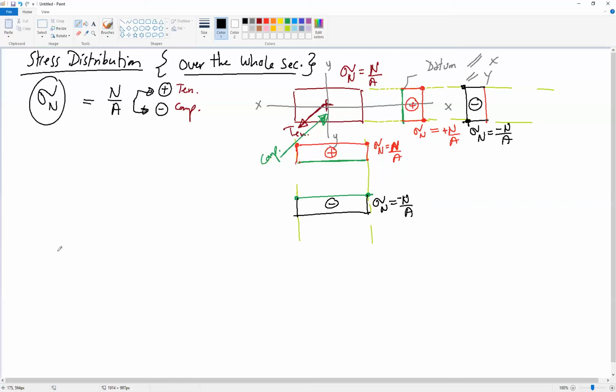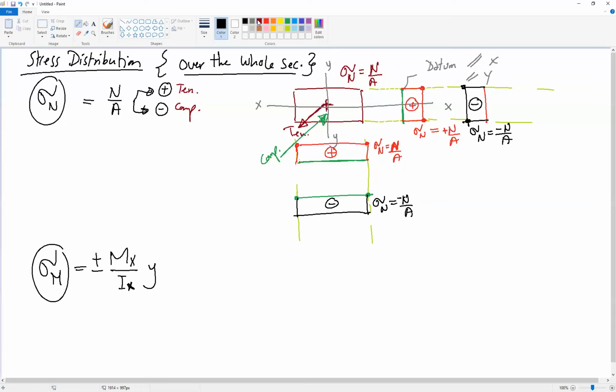And if we have moment, sigma m, we said before, equals Mx divided by Ix multiplied by y. And we said this value is positive and tension.